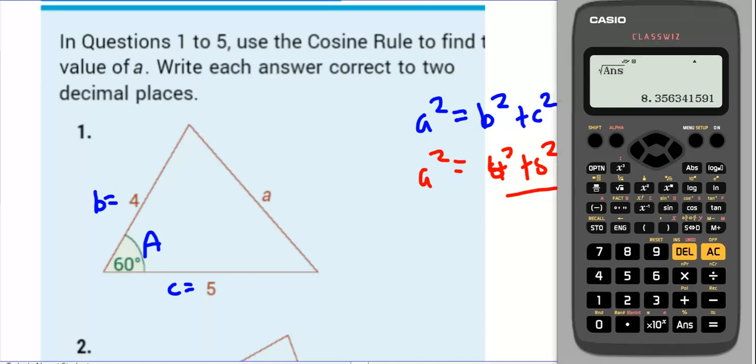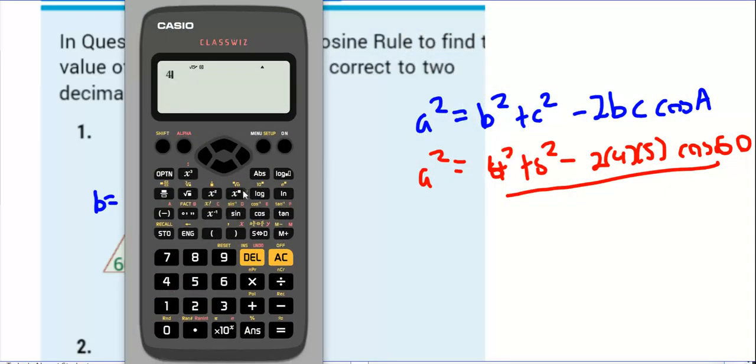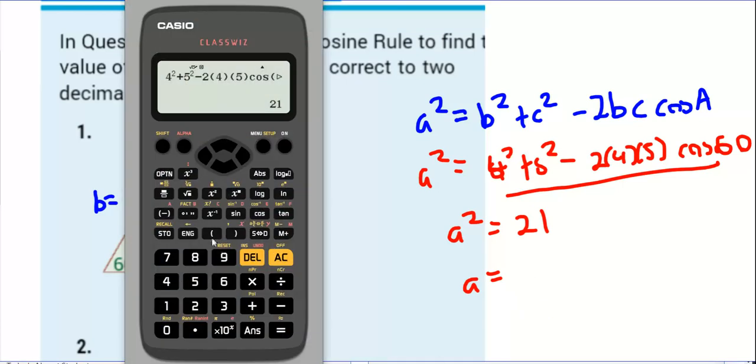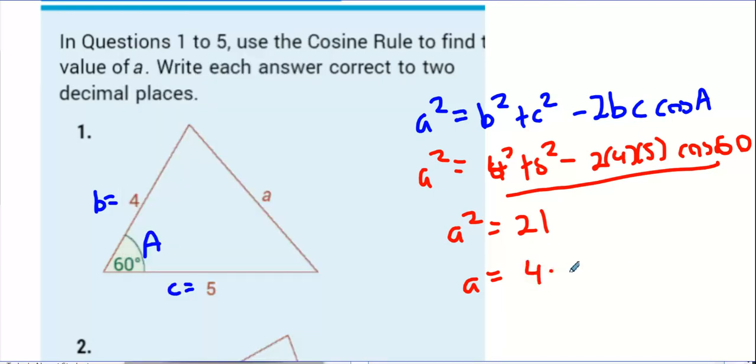And lo and behold, you get 21. What's the square root of 21? 4.582. So 4.58 to 2 decimal places.